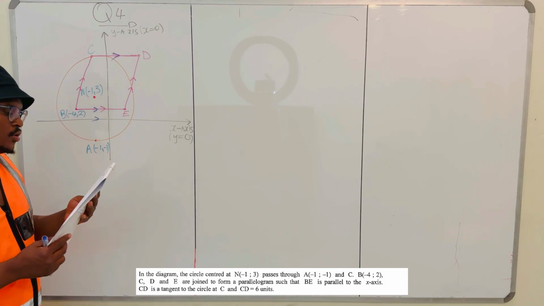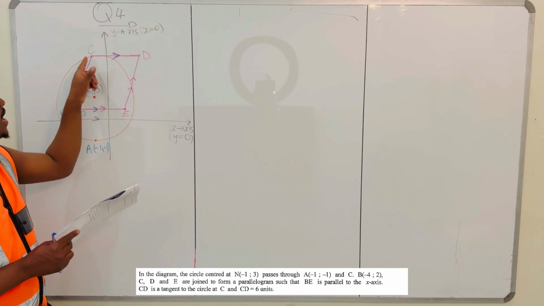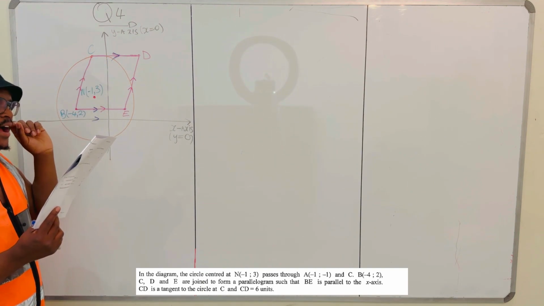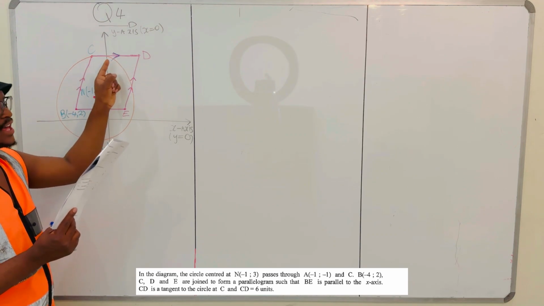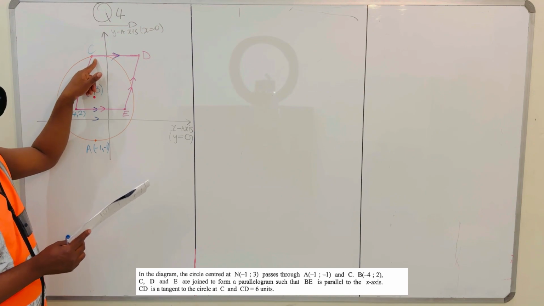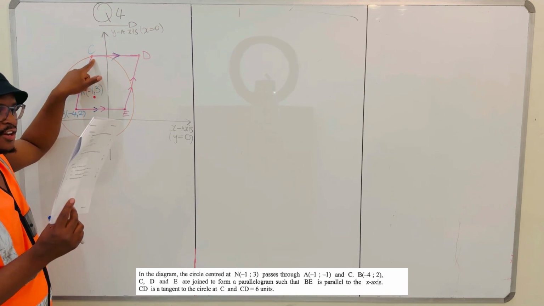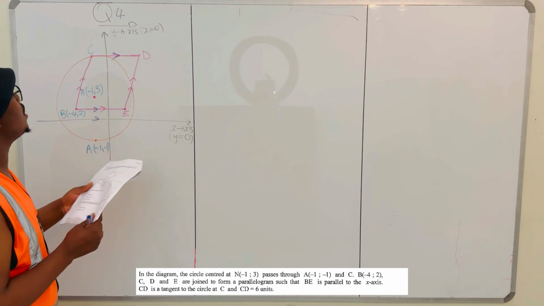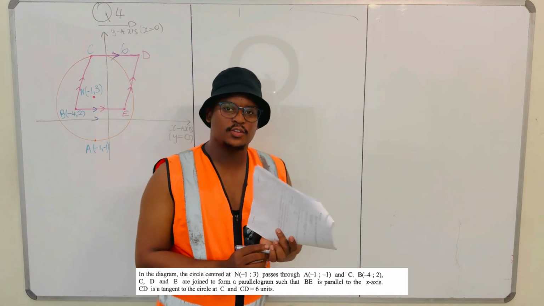And then they also say that CD, this line that is parallel to the x-axis, is a tangent to the circle at C. And CD is equal to 6 units. That's all they told us.